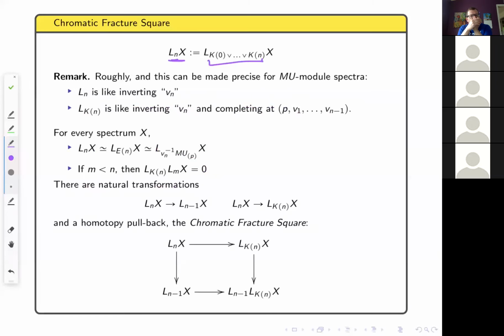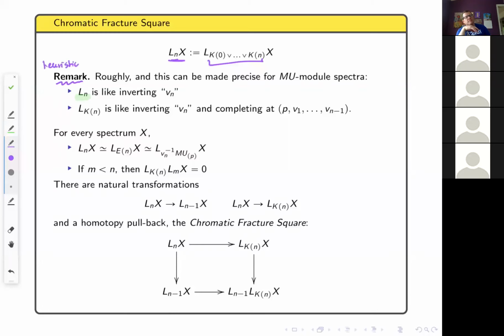Okay. So roughly, now this remark here is really heuristic, so be careful because what I'm going to say doesn't actually make sense. How do you want to think about Ln? Ln is like inverting vn. But this actually doesn't make sense because what's vn?